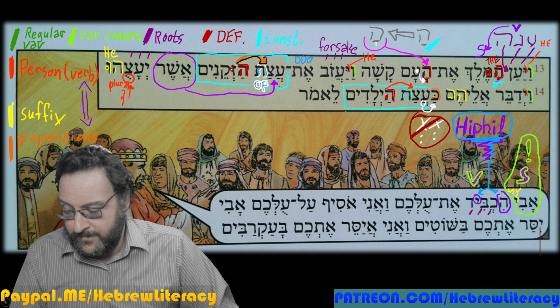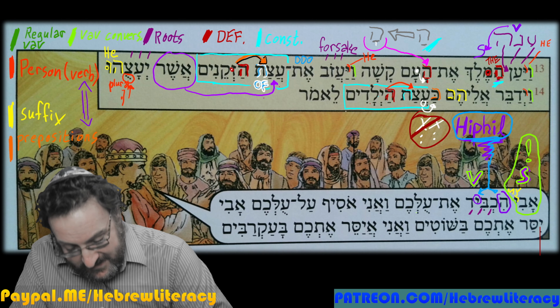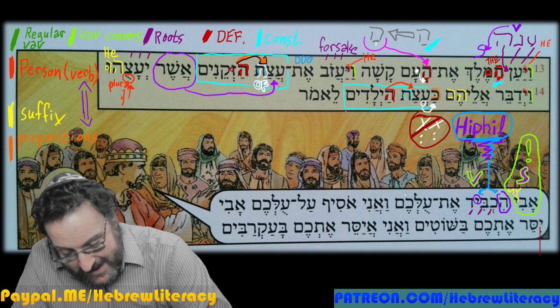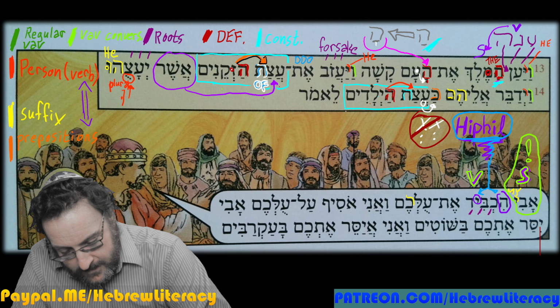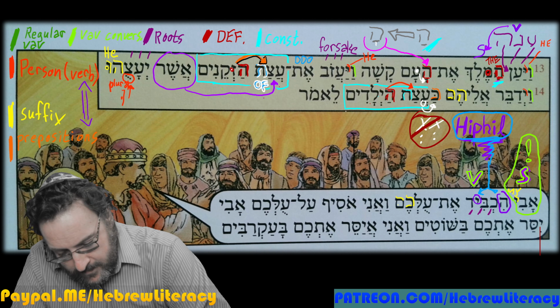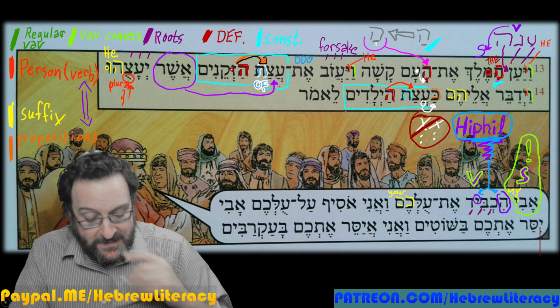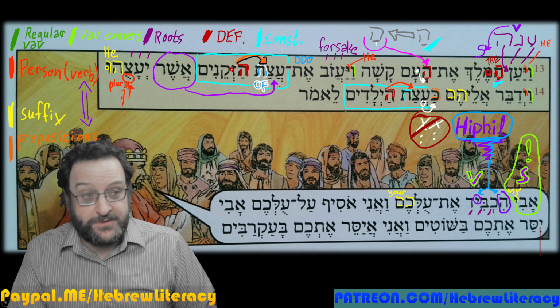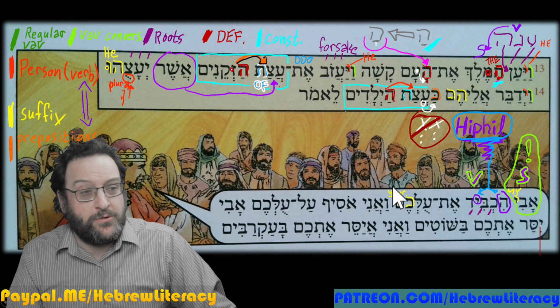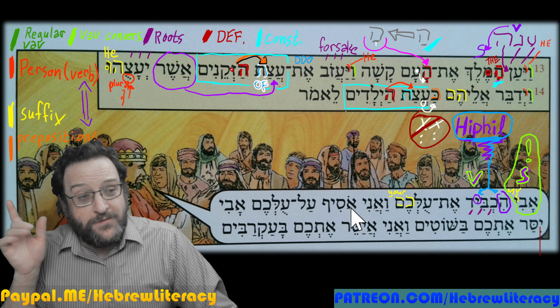Ulchem. So even if you don't know the word, we have chem. Your. Speaking to a plural group, right? Your is what the word is. So your yoke. He made heavy your yoke. Va'ani osif.